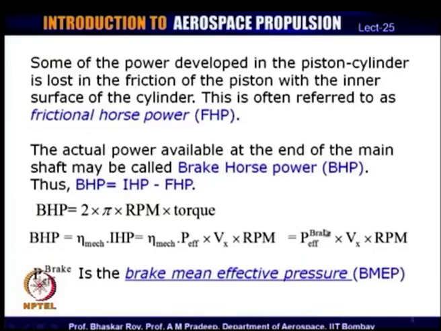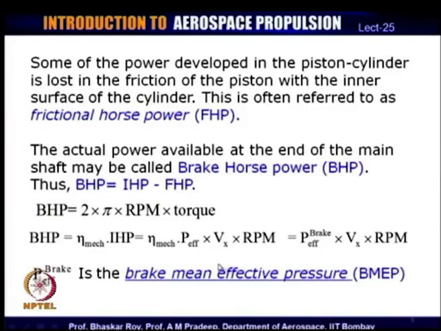This is what we mentioned earlier as P effective, and now we call it brake mean effective pressure, BMEP. Actually, if you measure this whole thing with reference to IHP, you can come up with something which is indicated mean effective pressure, IMEP. It is possible, but that will be an ideal mean effective pressure.